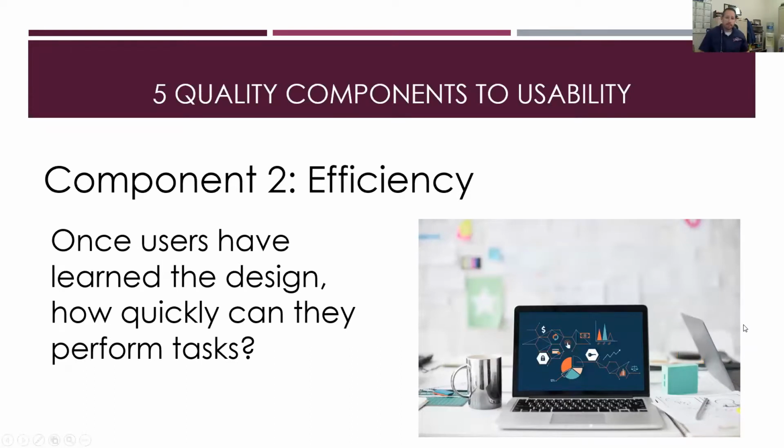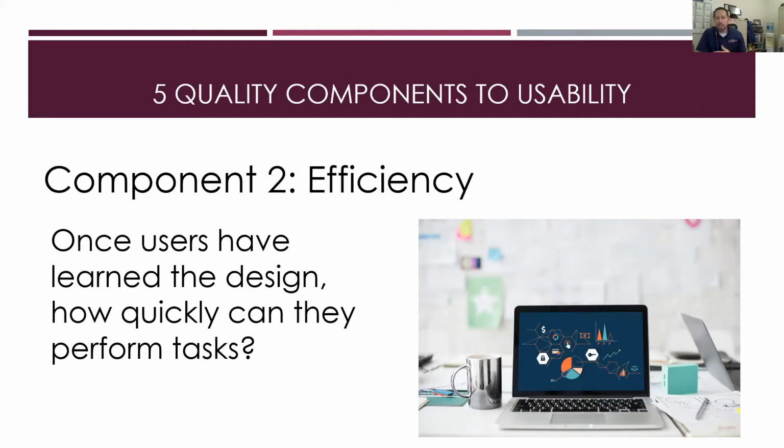Component 2 is efficiency. Once users have learned the design, how quickly can they perform the task? I think this is something that gets a lot of people hung up when it comes to web design, when it comes to how they want their website design to flow. We get so focused sometimes on SEO, and don't get me wrong, I know you guys are going to have other presentations on SEO this week, and it's important, but we get so focused on SEO and how we're going to perform on Google that we forget to look at how efficient it is for people to use our website.